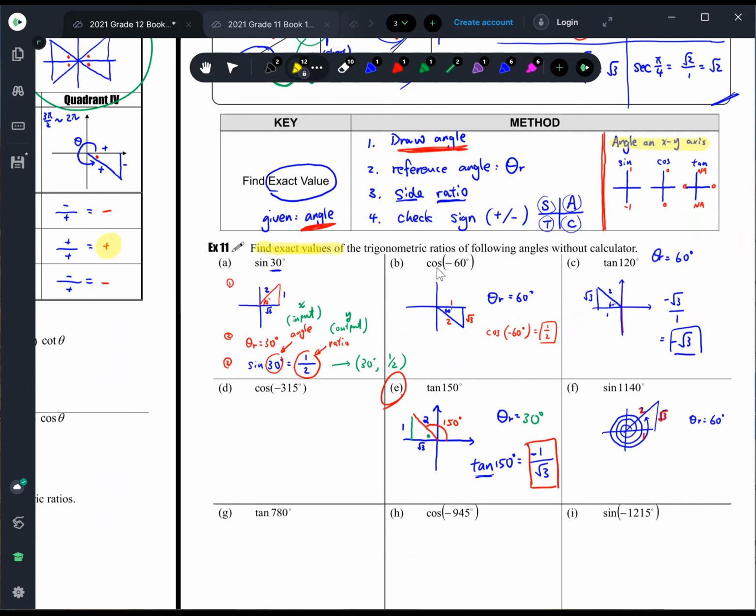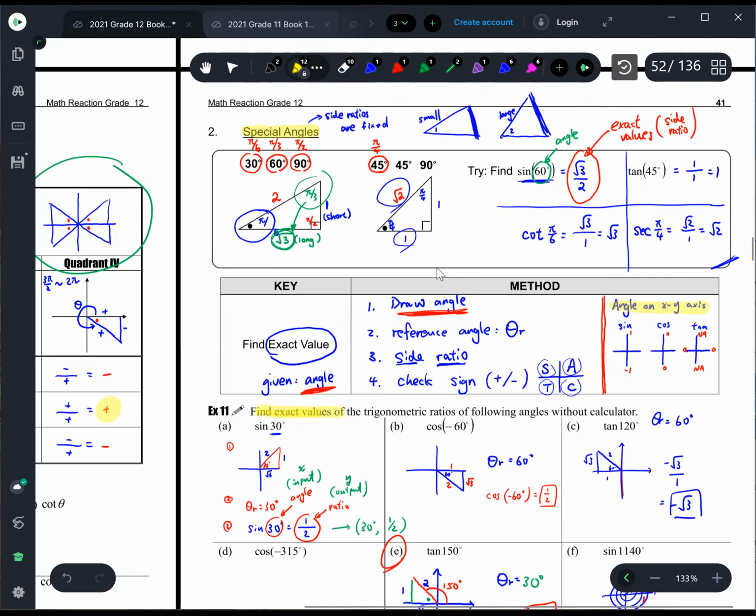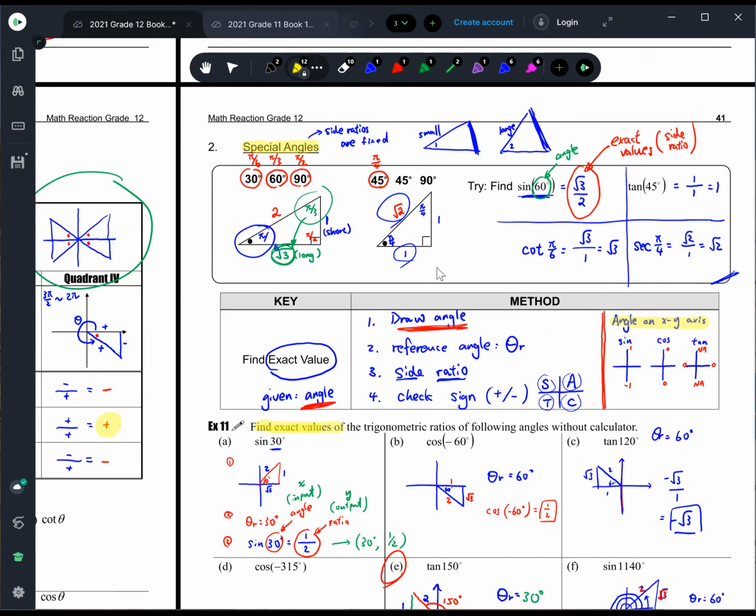Once you have the angle, you get the reference angle. The reference angle is either 30 or 60 or 45, those are the special angles, or in radians, pi over 6, pi over 3, pi over 4. Once you have a special angle as your reference angle, then you can fill in the sides.